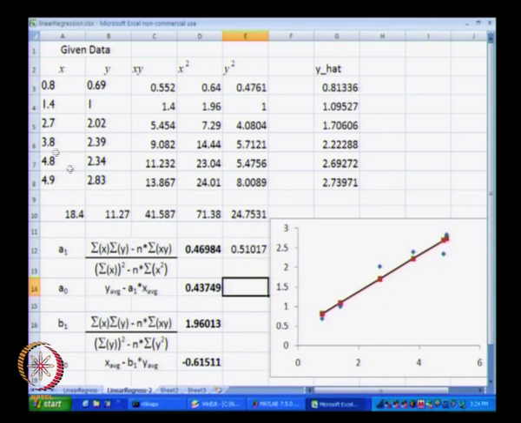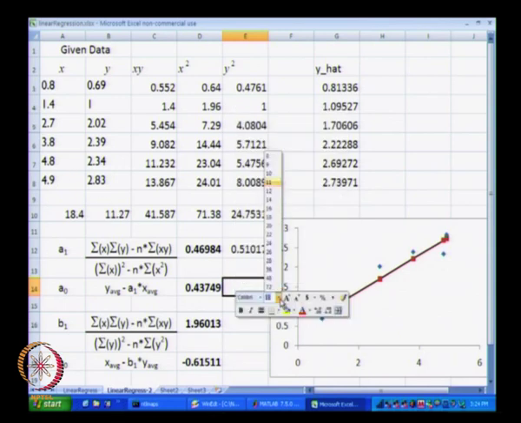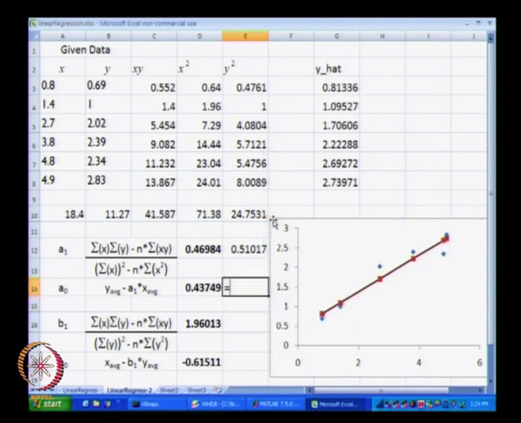So A0, and I will just increase the font size here again, equal to negative B0 divided by B1.